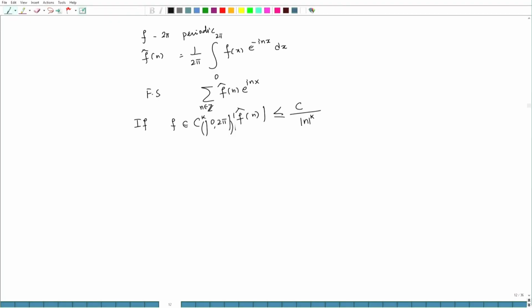Okay, so, in order to talk about whether the Fourier series converges or not, the first question one would like to ask, from our previous knowledge of convergence of series, is this: we know that if c n is a sequence of complex numbers and the series converges, then mod c n goes to 0 as mod n goes to infinity.